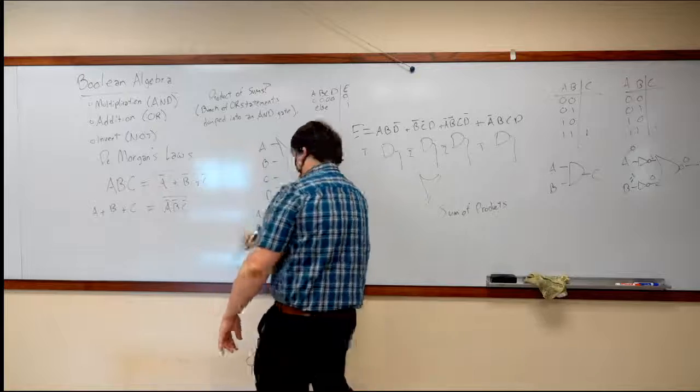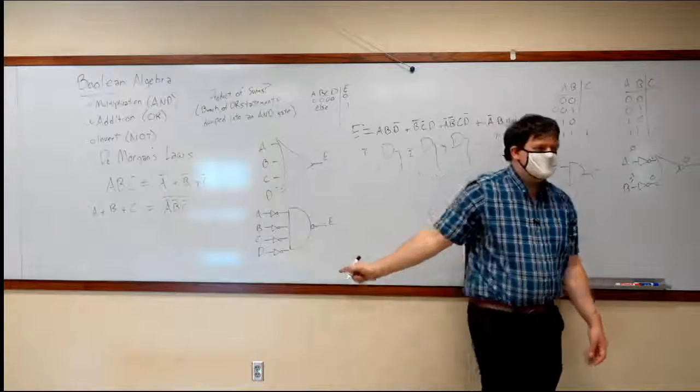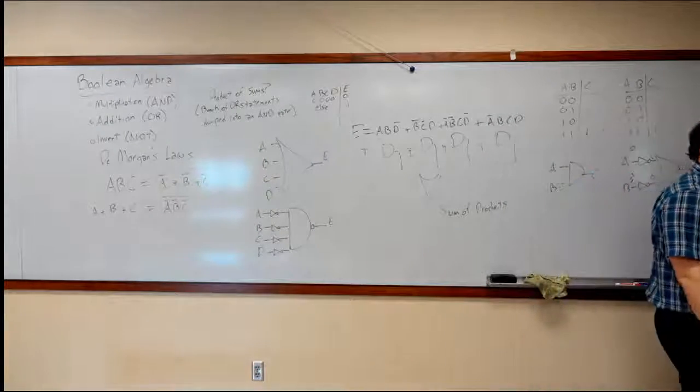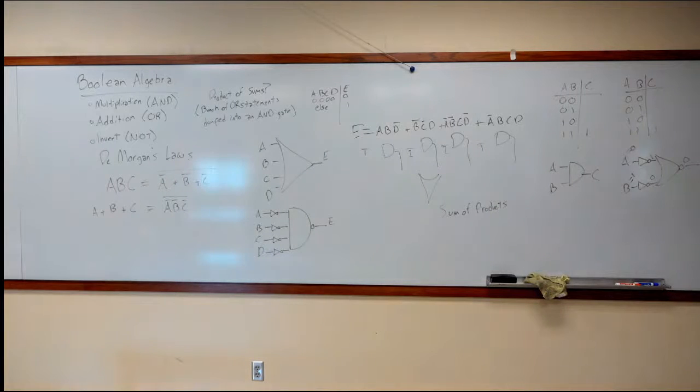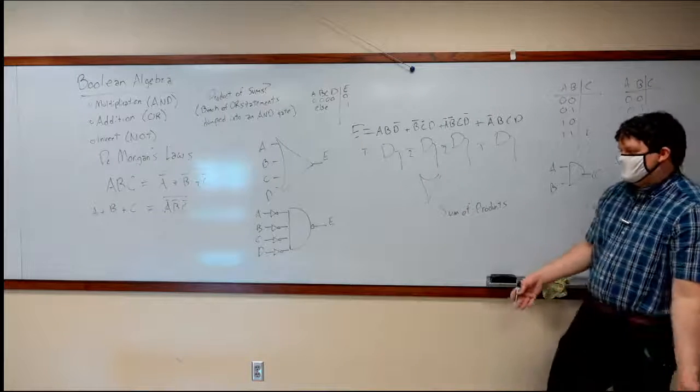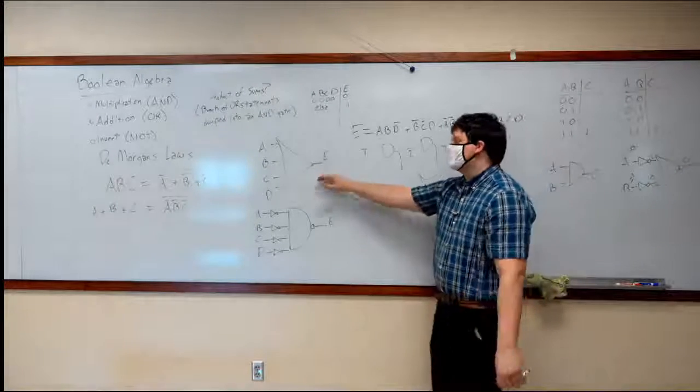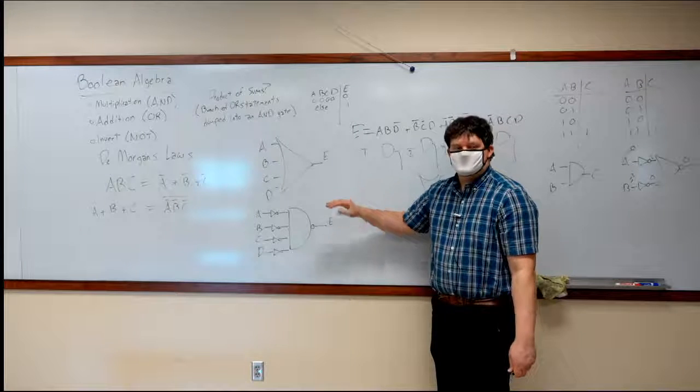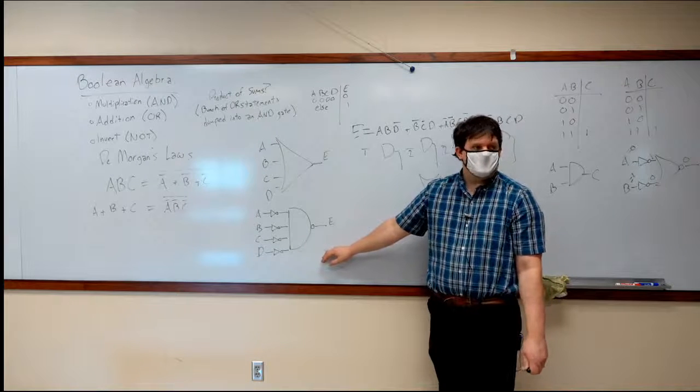We get E. That's what the equivalent circuit is. And all of this says is that no matter what the inputs are, we're going to get the same truth table for this system as we get for this system. That's all it is.